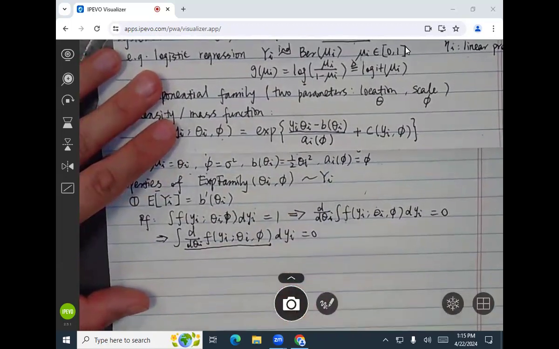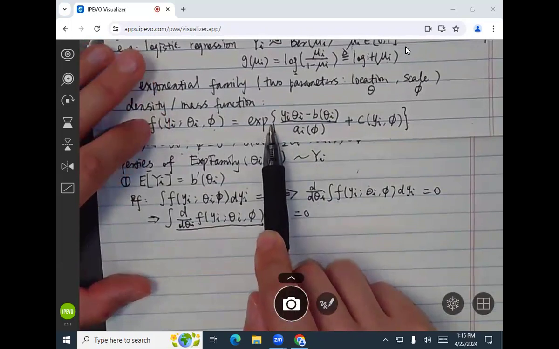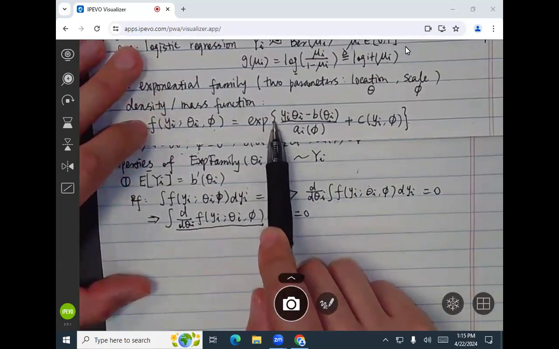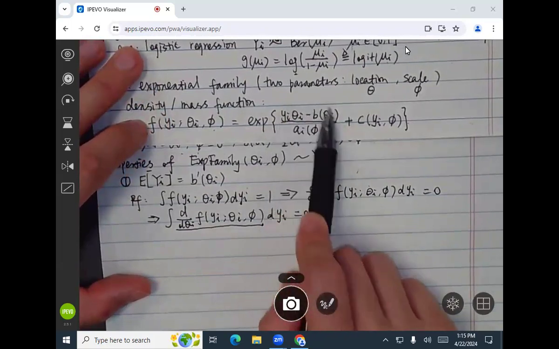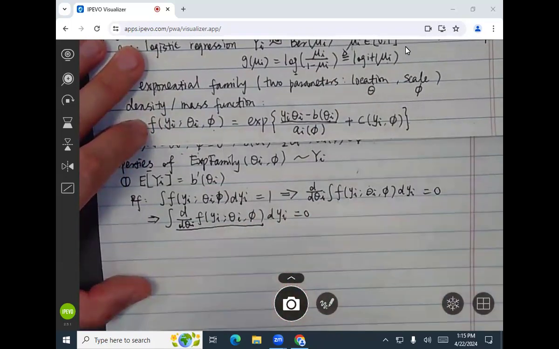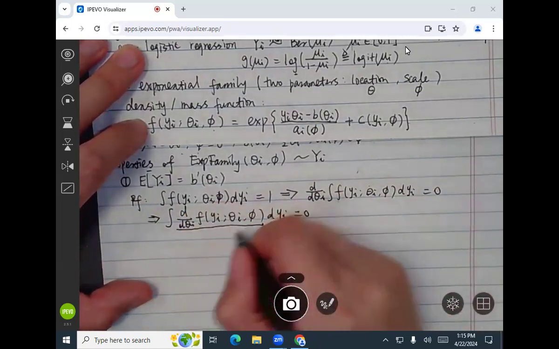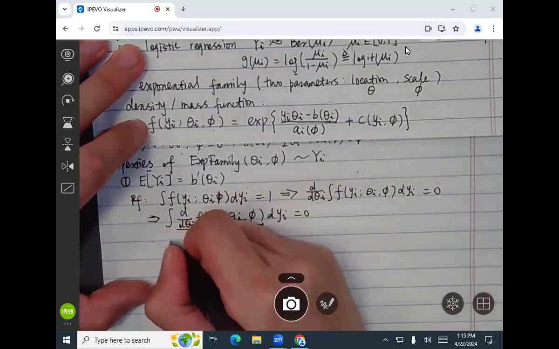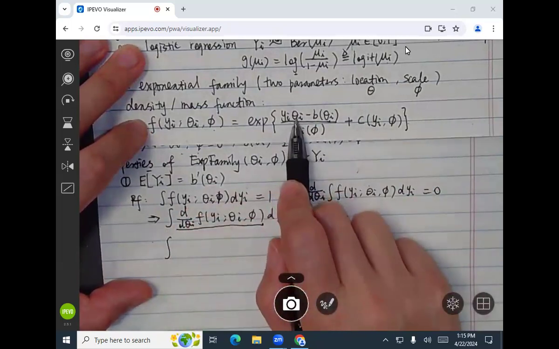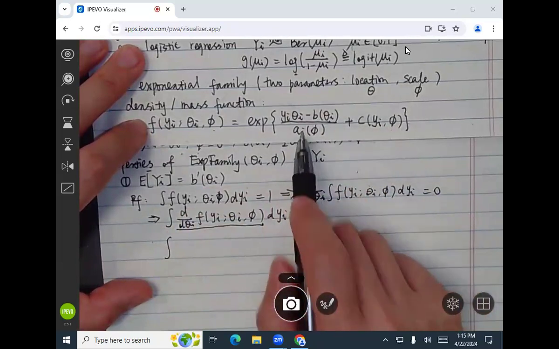Specifically, the exponential function has a very special property of its derivative, right? We get the derivative of its content out, and then the exponential function will stay. That's the property we will use. So on the left-hand side, when we take the derivative against theta i, the second term doesn't involve theta i, so it's gone, only the first term.